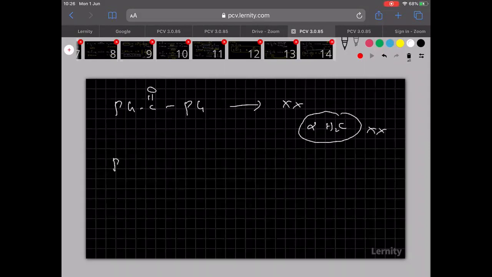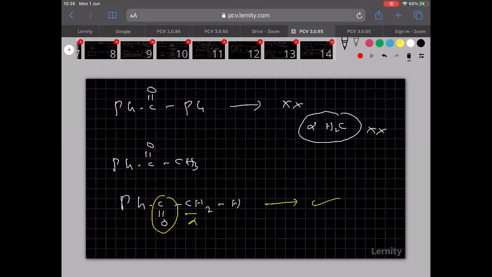Clear? If I take one more compound, Ph, C double bonded O, CH3, will it undergo oxidation? Let us see whether it undergoes oxidation or not. Ph, C double bonded O, CH3, writing in this way. Once you see, the functional group bonded carbon, alpha CH2 is present. Therefore, oxidation is possible.